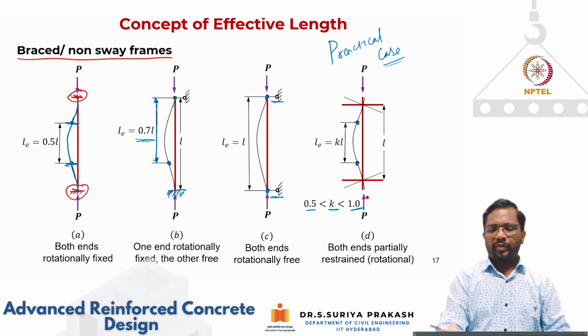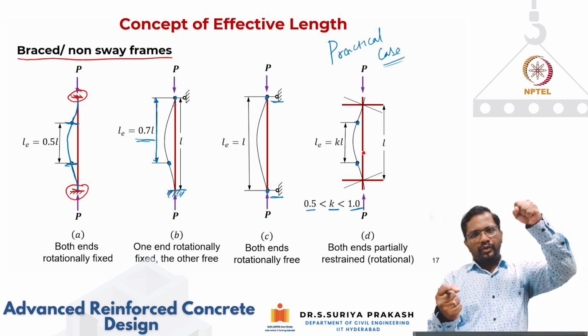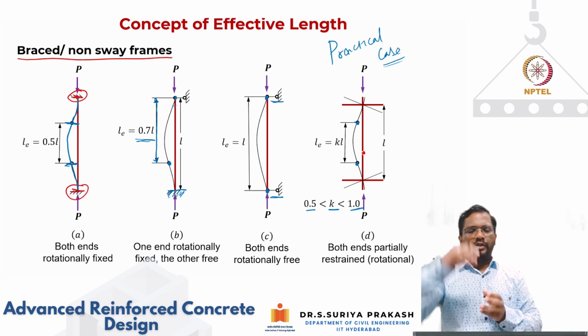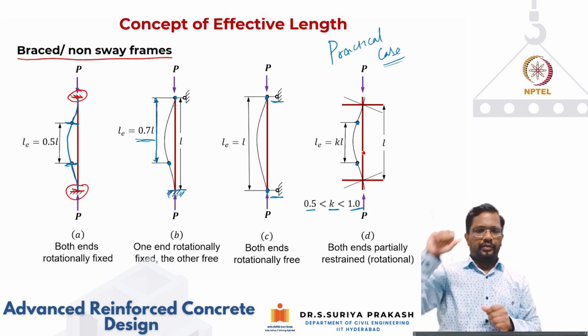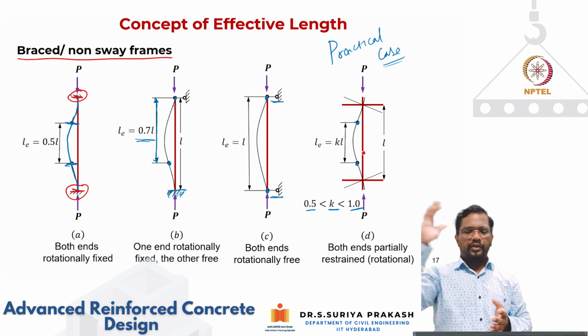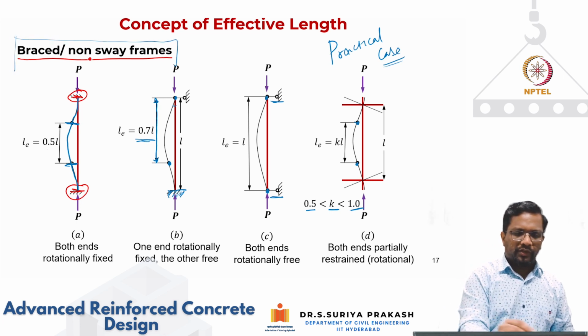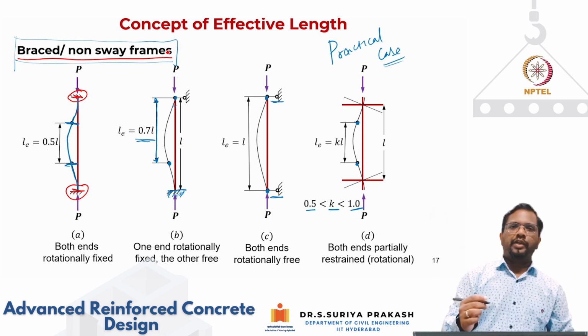Again, you have to keep in mind that these two columns are not free to sway. They have been restrained from sway, or in other words, they are not moving with respect to each other. They are only rotating. There is no lateral sway happening. So this is the condition for a braced or non-sway condition. In this case, what is the maximum value of K that is possible?